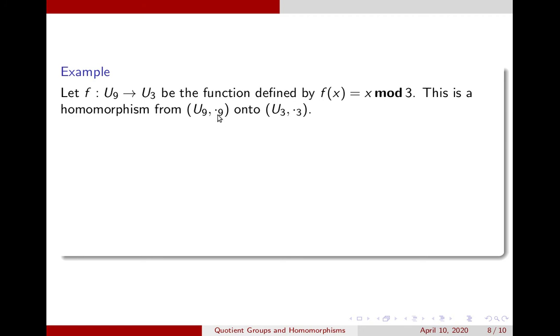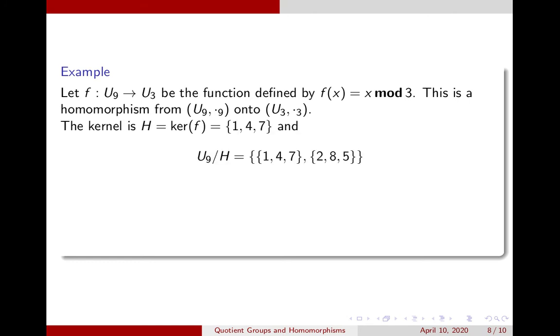And as usual, we're using times sub 9 in U9 and times sub 3 in U3. Okay, the kernel of f is easy to find: 1, 4, and 7. These are the elements of U9 that give you 1 when you plug them into the function f. So f of 4, for example, is 4 mod 3, which is 1. F of 7 is 7 mod 3, which is 1.